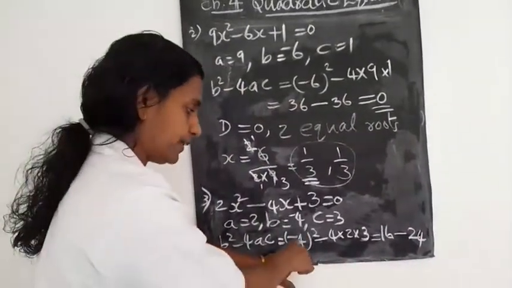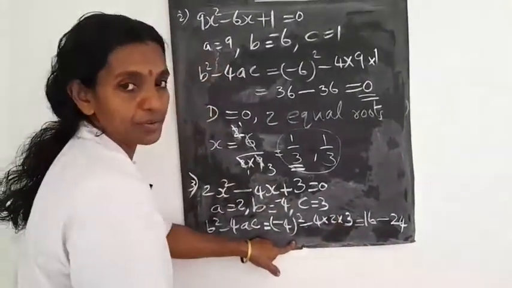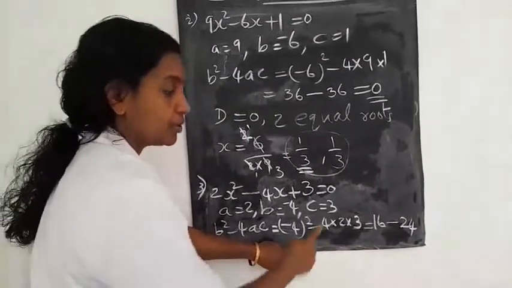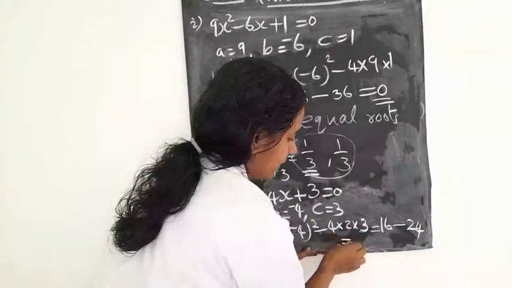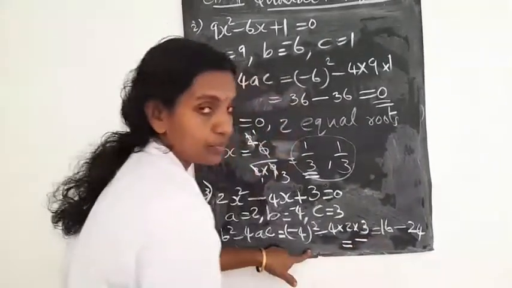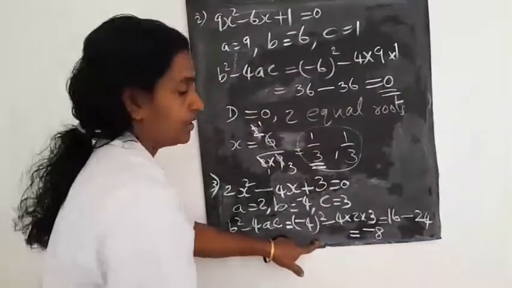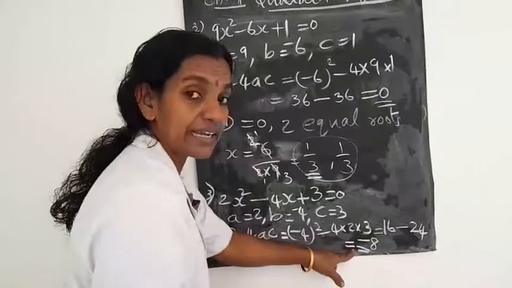Negative 4 whole square is 16. 4 into 2, 8. 8 into 3, 24. Then what is 16 minus 24? 24 minus 16 with the sign of 24. So we are getting a number which is negative, negative 8. So we got b square minus 4ac as a negative number.